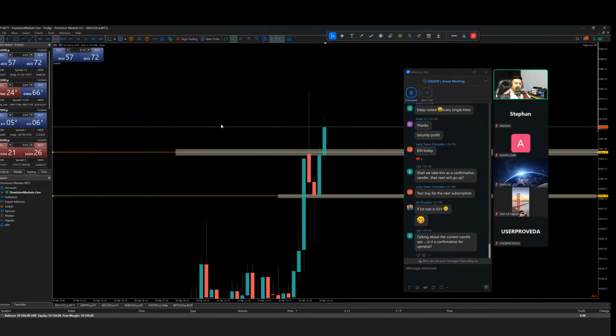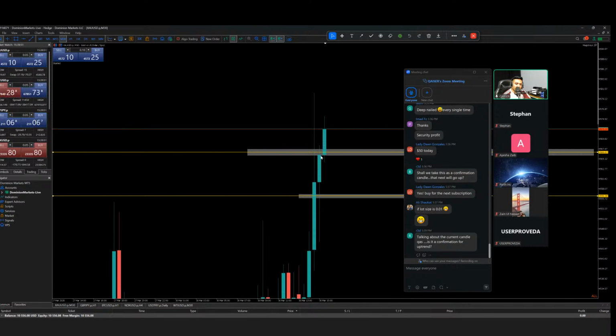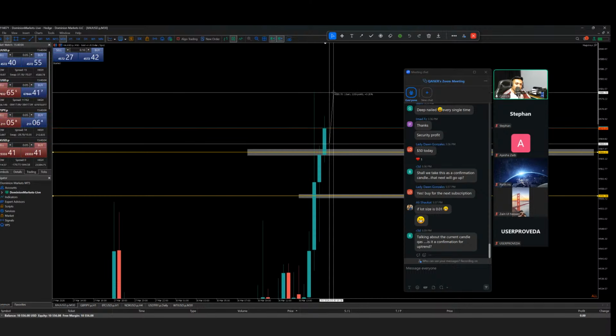Talking about the current candle, is it a confirmation for an uptrend? Yeah, it was a confirmation. Why not look at the 30-minute time frame? It's an impulse entry in trend, closed with a small body. See this one: if it loses volume, then this current candle should have no business breaking above the previous candle high. If it breaks above the high, that is the wick you have on the left-hand side.